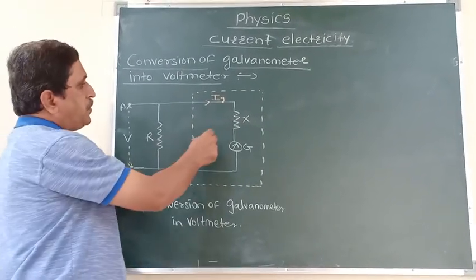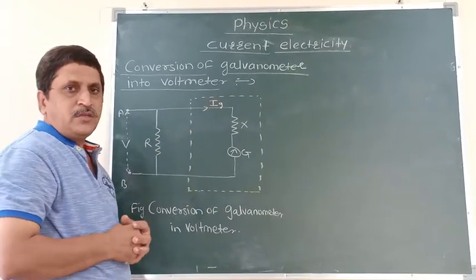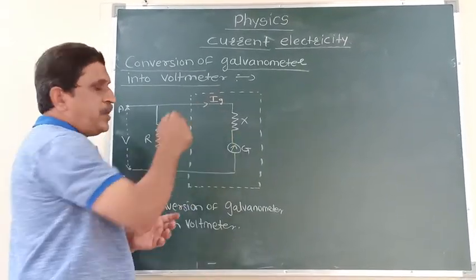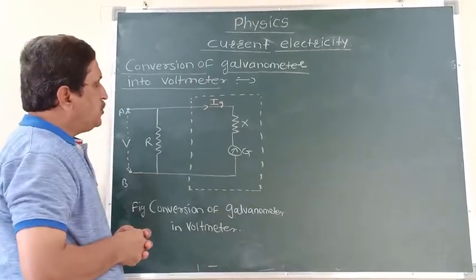That means from that we can define the voltmeter. When a large value of resistance is connected in series combination with the galvanometer, then it gets converted into a voltmeter.